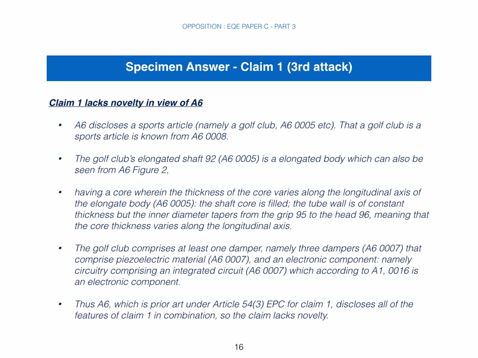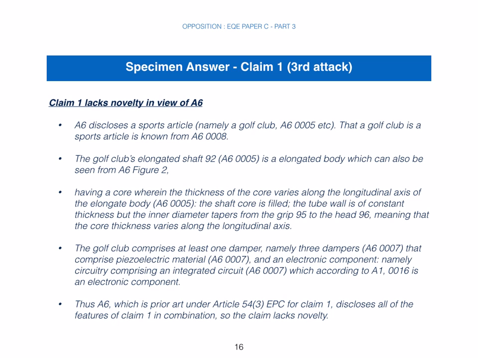The golf club comprises at least one damper, namely 3 dampers (A6 paragraph 7), that comprise piezoelectric material (A6 paragraph 7), and an electronic component, namely circuitry comprising an integrated circuit (A6 paragraph 7), which according to A1 paragraph 16 is an electronic component.